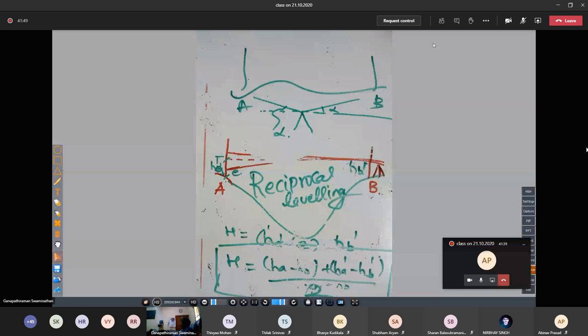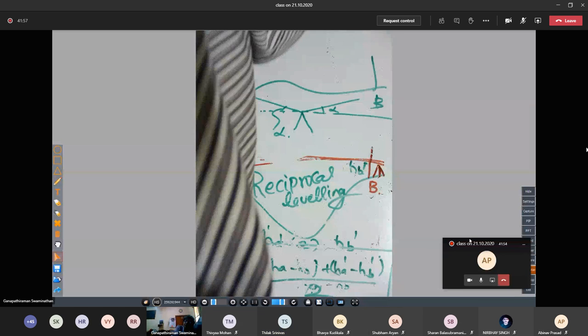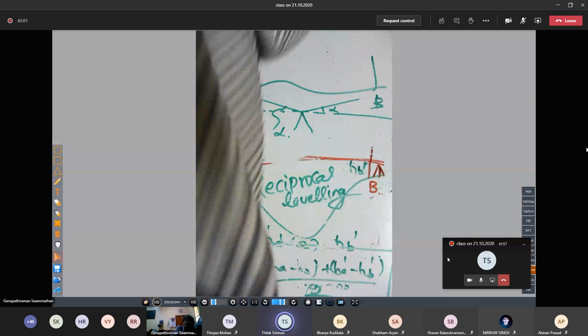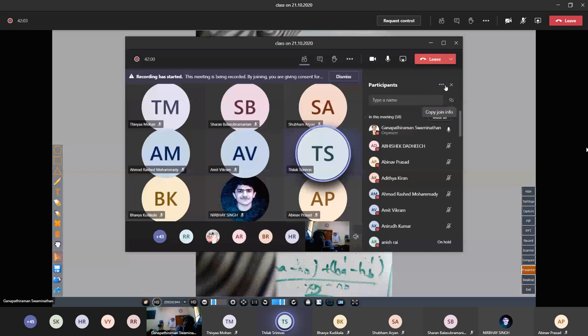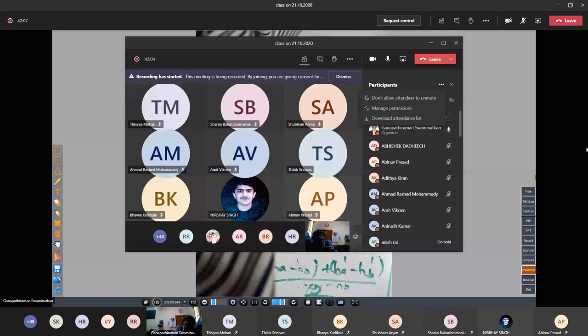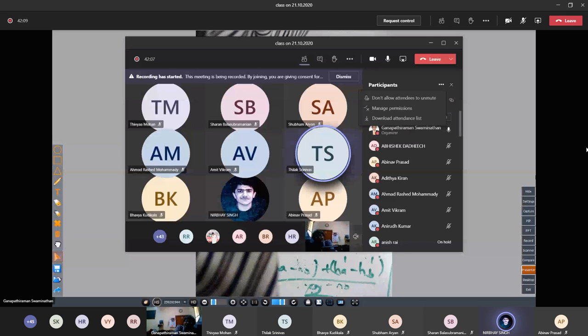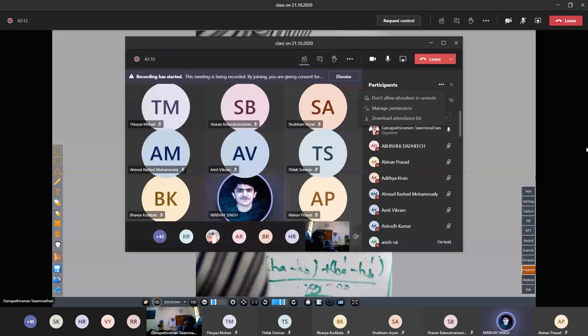Tilak, did you share that? Yes, sir. How many of you have seen that, boys? The first thing I would have said is to set your instrument up to chest level. Chest level. Why?